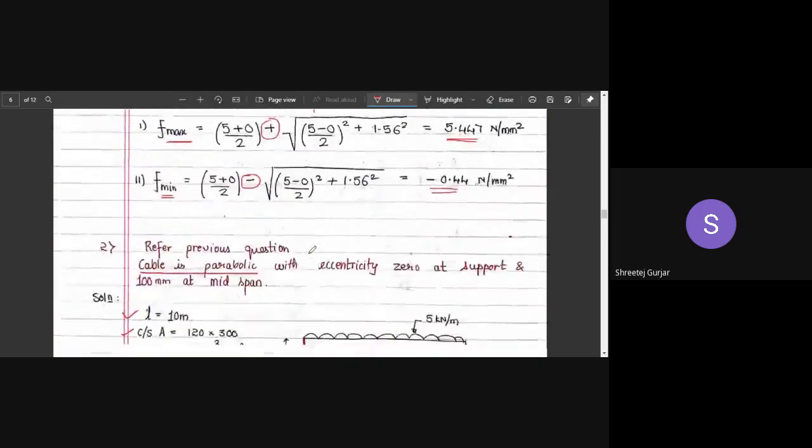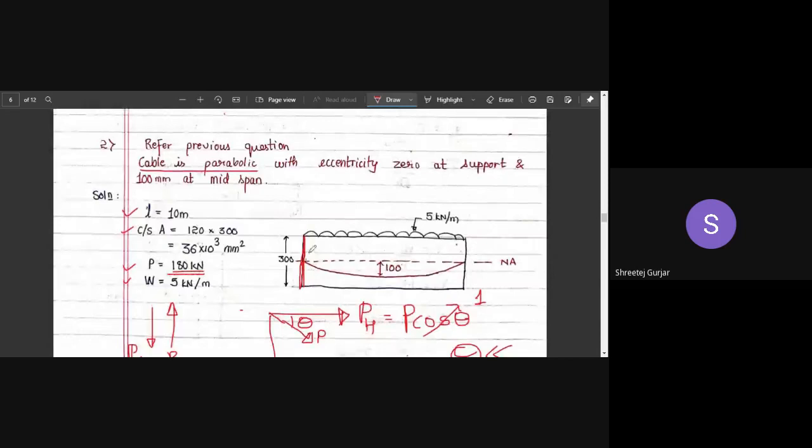I hope it is clear. Yes. If any doubt, please let me know. I will explain once more. Is it clear, guys? You can let me know by raising your hand. Please raise your hand and let me know whether you have understood so that I can move forward with the next numerical.